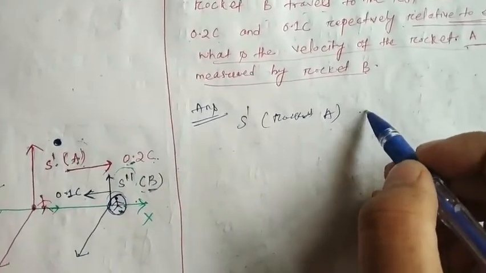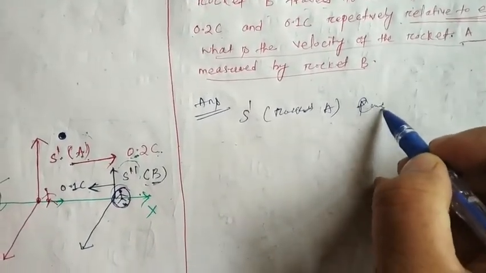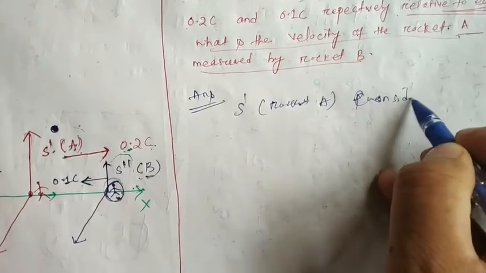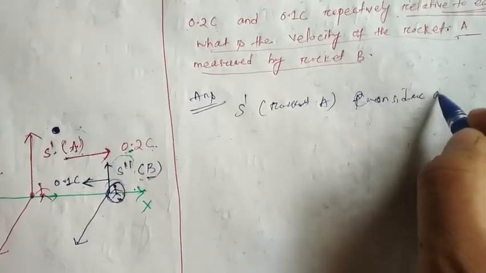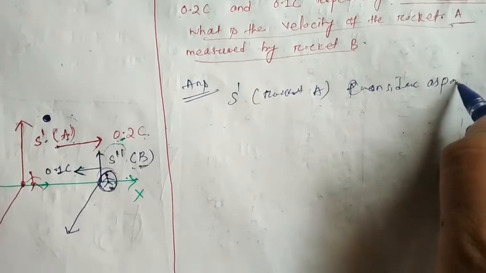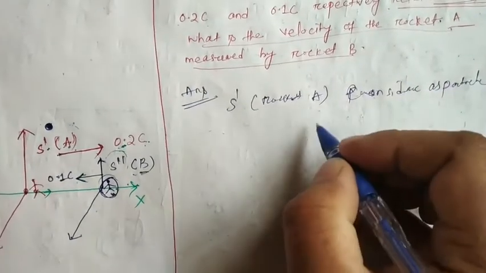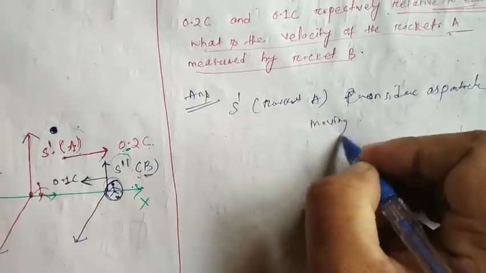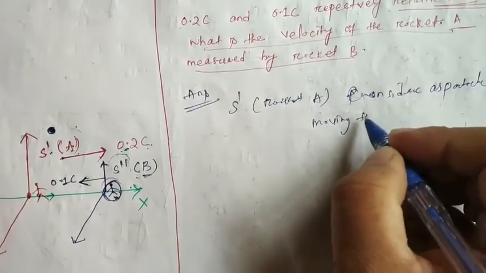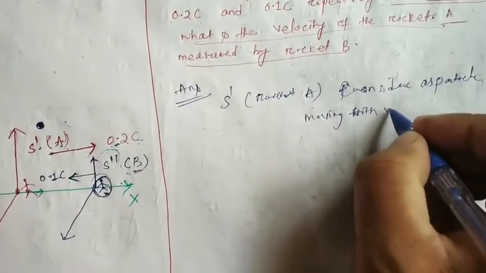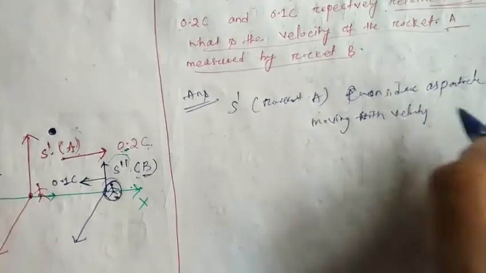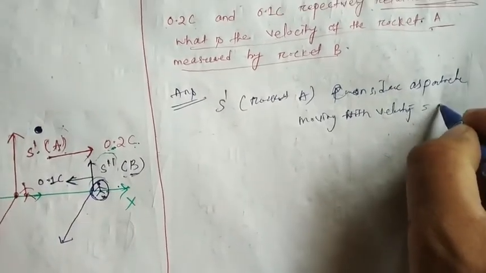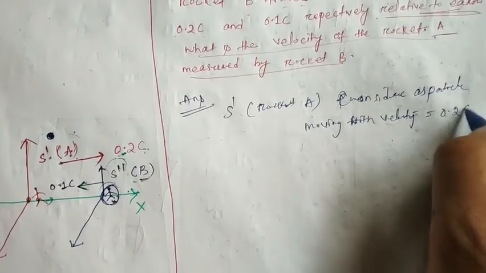Write it perfectly: consider it as a particle moving with velocity equal to how much? 0.2 c.